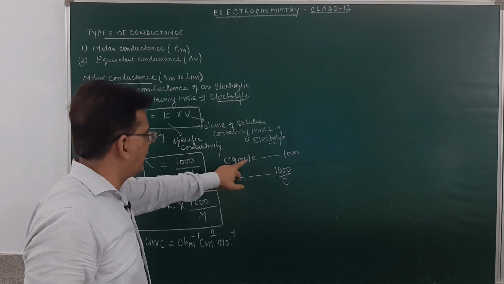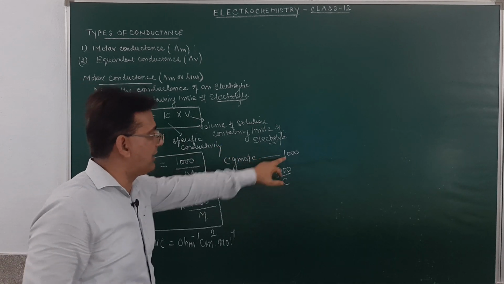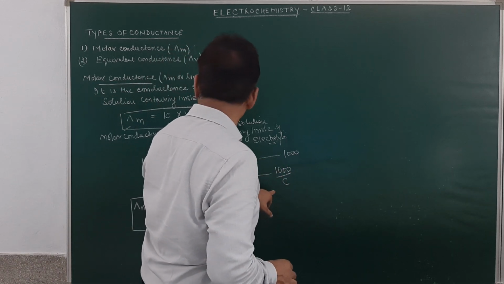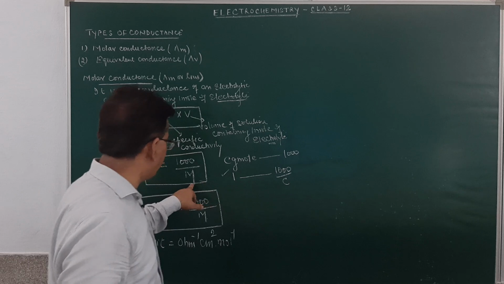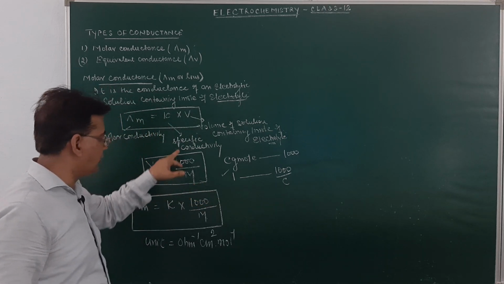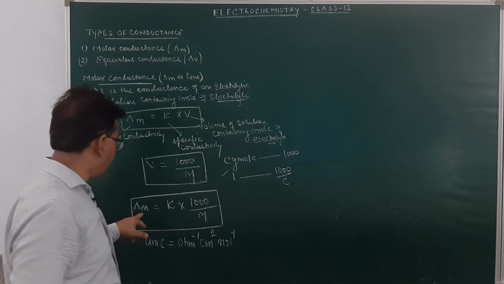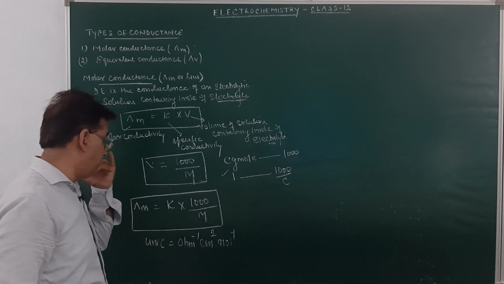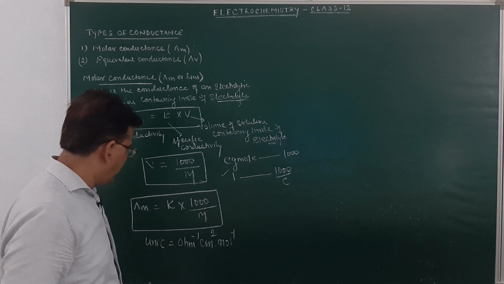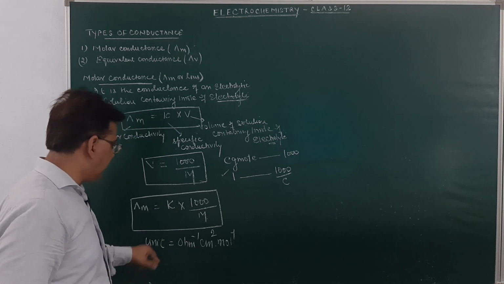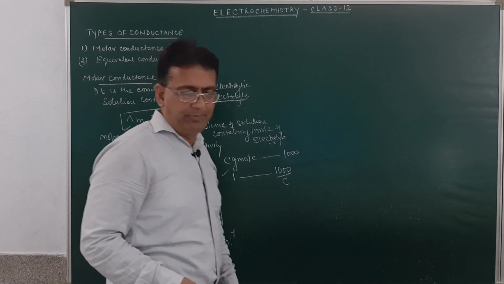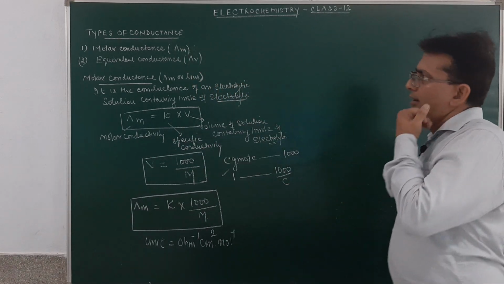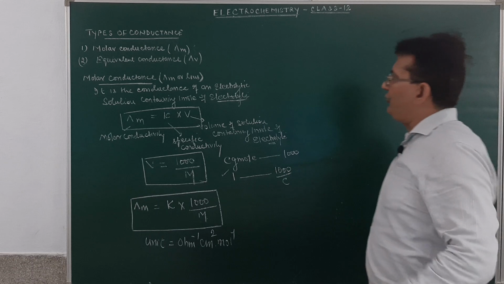Now, if C gram mole of electrolyte is present in 1000 ml of the solution, then 1 gram mole of a substance will be present in 1000 upon C. Concentration is in terms of molarity. So, V will be equal to 1000 upon molarity. Or we may say molar conductivity will be equal to kappa into 1000 upon molarity of the solution. The unit will be ohm inverse centimeter square per mole. Am I clear?